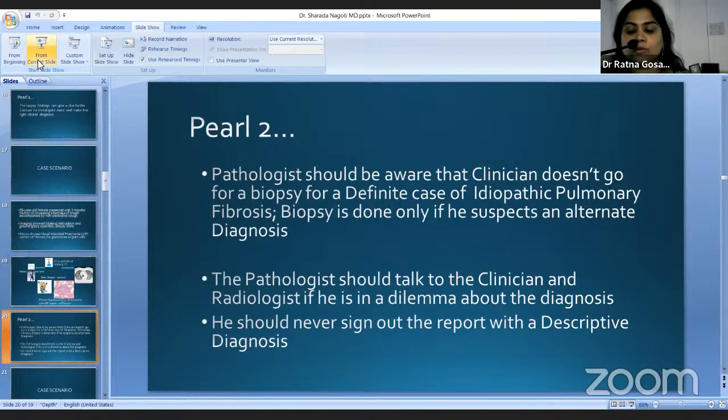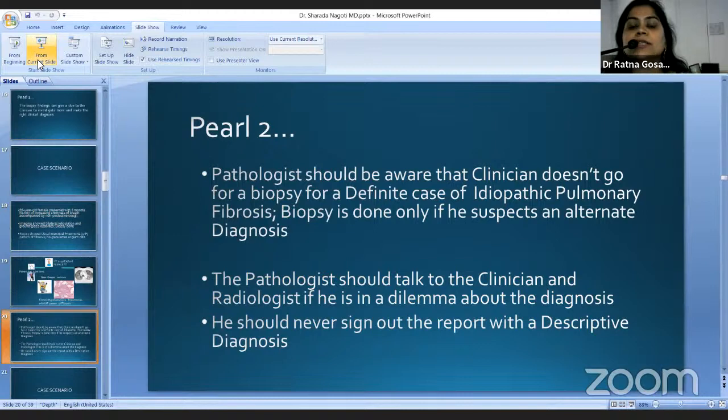So the pearl number 2 in this case scenario is that the pathologist should be aware that the clinician doesn't go for a biopsy if it is a definite case of idiopathic pulmonary fibrosis. That is what Dr. Sudhakar has also talked about in his talk. Biopsy is done only if the clinician suspects an alternate diagnosis.